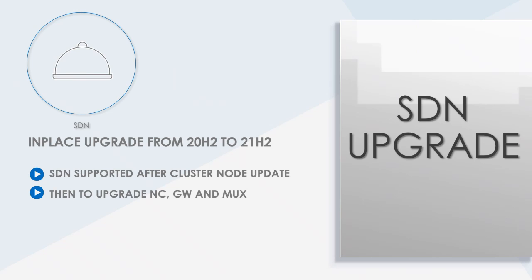Now, going forward, wouldn't it be great that SDN upgrade is tied into clusterware updating? So essentially, as you upgrade the host, you can then upgrade the SDN, and clusterware update manages it automatically, and you just sit back and watch it happen. So again, a very good improvement there with SDN.